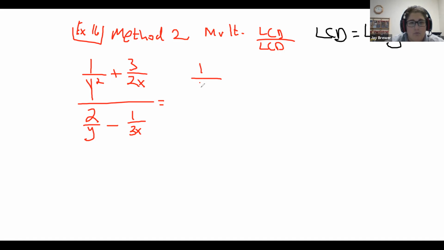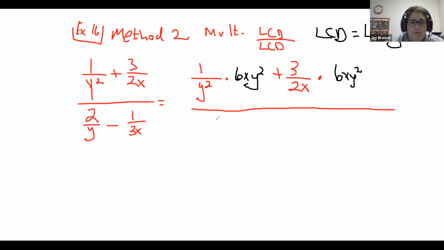So 1 over y squared times 6xy squared plus 3 over 2x times 6xy squared. Now, if you are seeing this quicker than other folks, that is fine. You can go through and do some of the steps quicker and together.